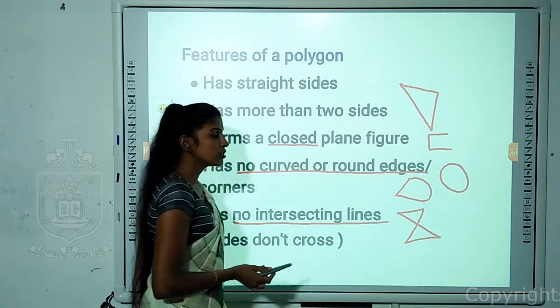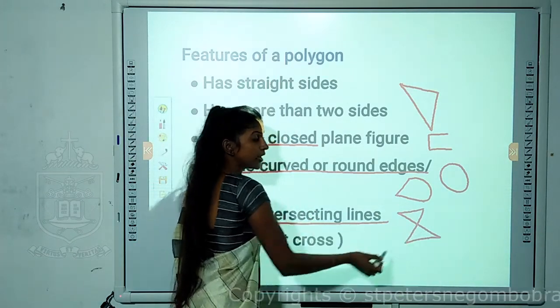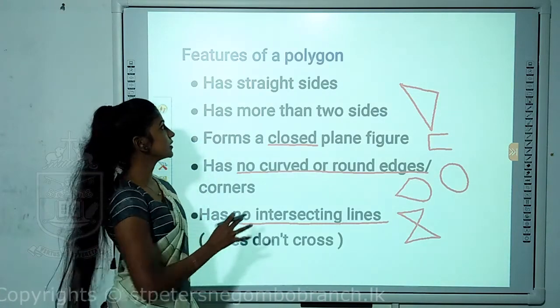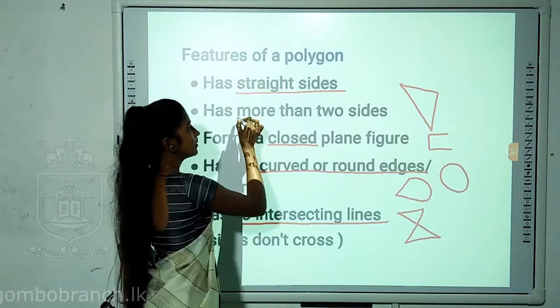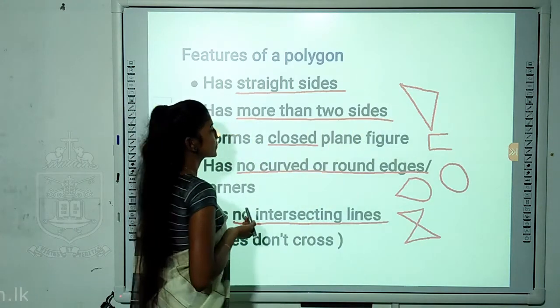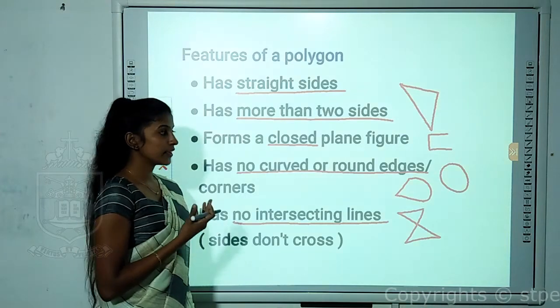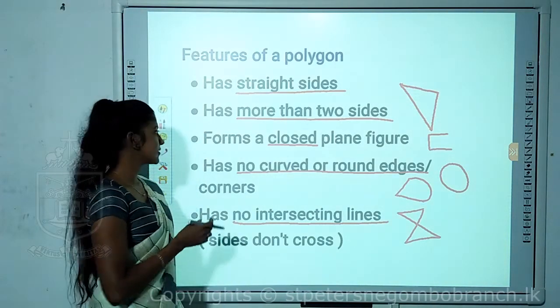No intersection should be there. So even this cannot be considered as a polygon. So those are the features of a polygon. It should always have straight lines and more than two sides. It should always be a closed one, with no curved edges or corners, and no intersecting lines.